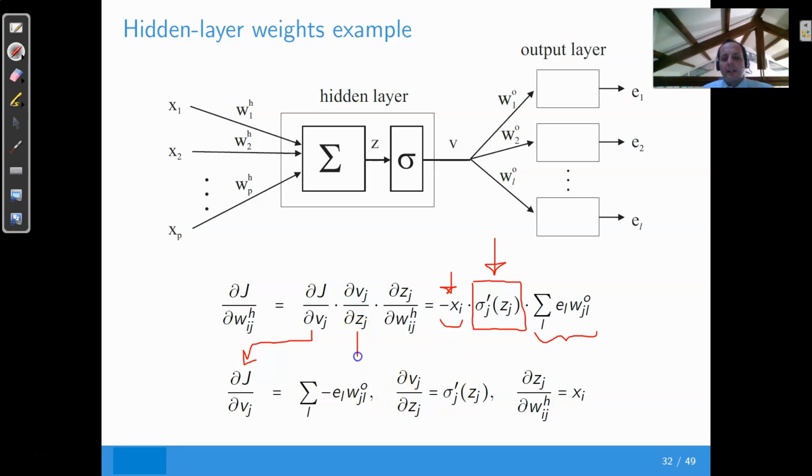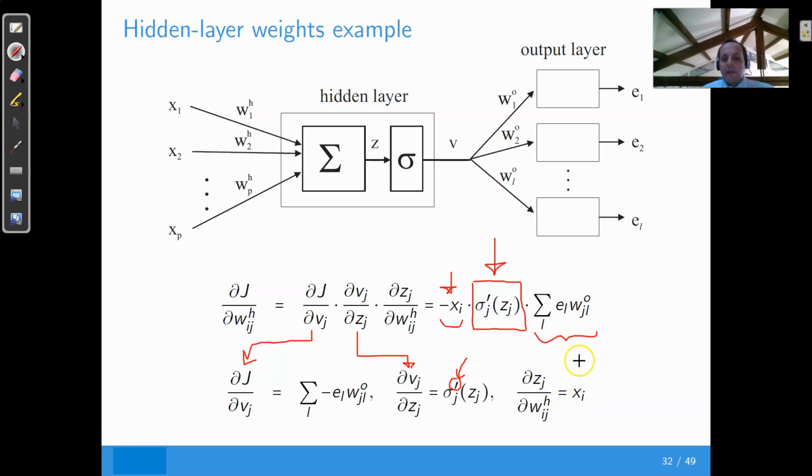The second term, the output with respect to the input to the neuron, is affecting the output with the first derivative of the activation function, which is a very important observation.